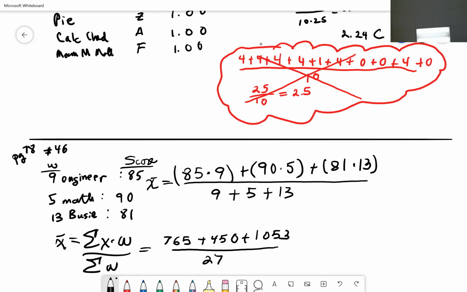That's 27. 765 plus 450 plus 1,053. That's 345,303, divided by 27. And so we have something really wrong here.